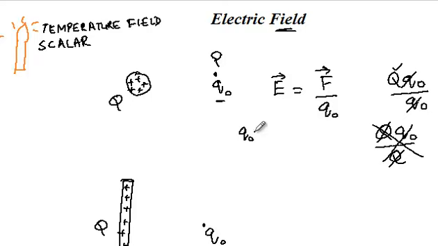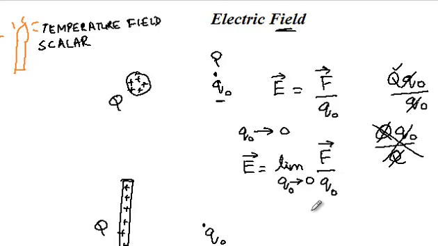So it has to tend to 0, because if it is 0, then the value of the force will become 0. So now we will define the electric field in the limit when the test charge, which is a single point charge assumed to be positive, tends to 0: the force divided by the test charge. This is how we finally define the electric field.